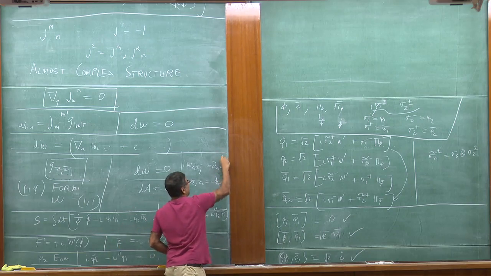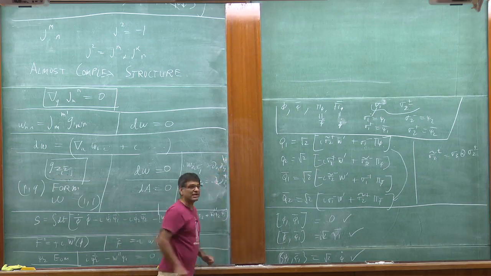The scalar is sometimes called K, and it's called the Kähler potential.